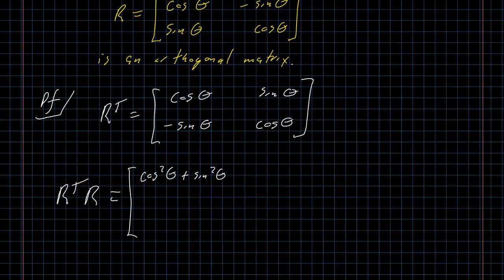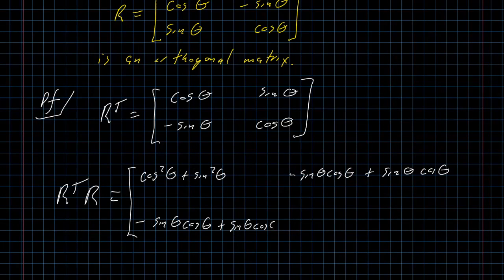First row, second column, cosine times negative sine, so negative sine theta cosine theta, then we have sine theta times cosine theta, so plus sine theta cosine theta. Second row, first column, negative sine theta times cosine theta, then we have cosine theta times sine theta, so plus sine theta cosine theta.